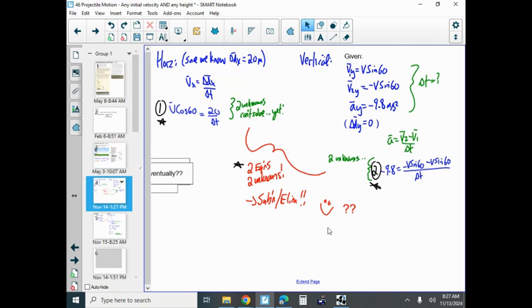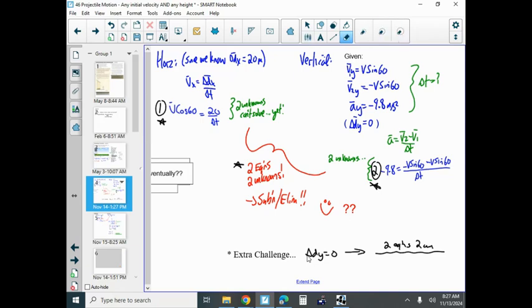So you could try that as an extra challenge. What is the delta d y equals 0 equation? It needs 2 stuff, right? This is going to be 2 equations, 2 unknowns as well.